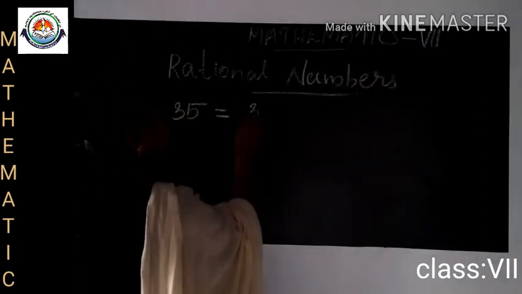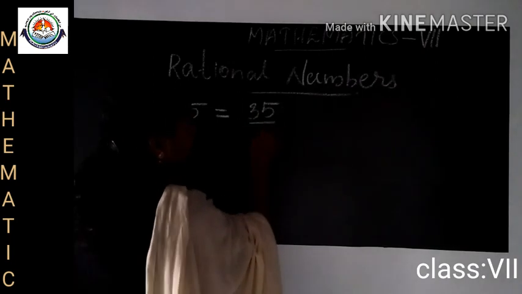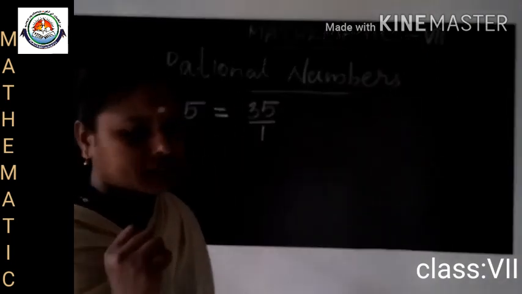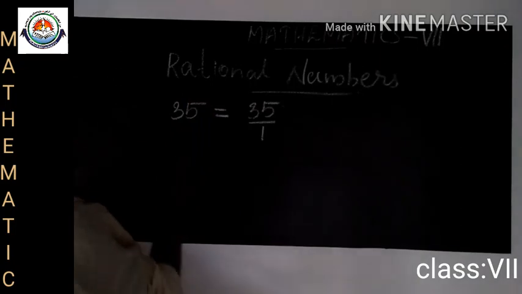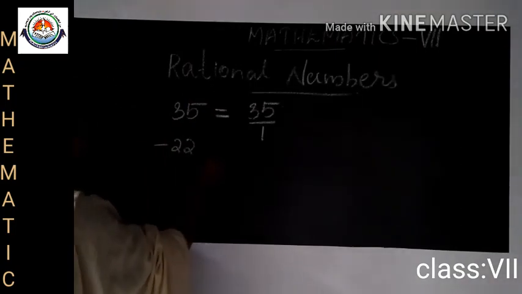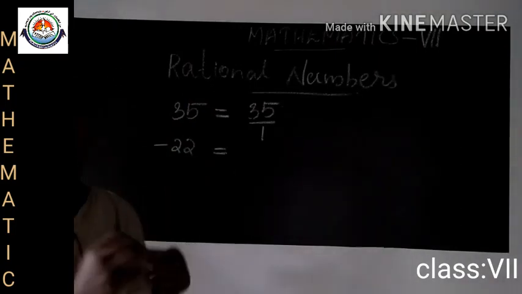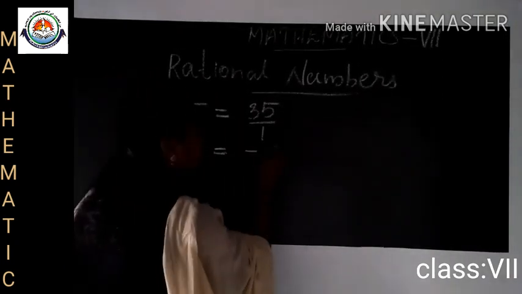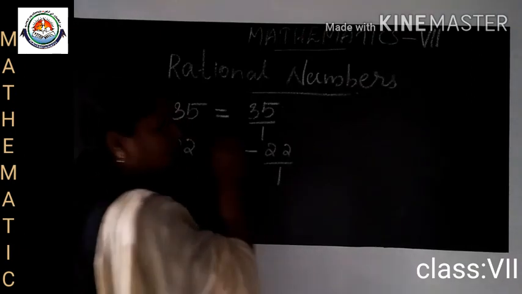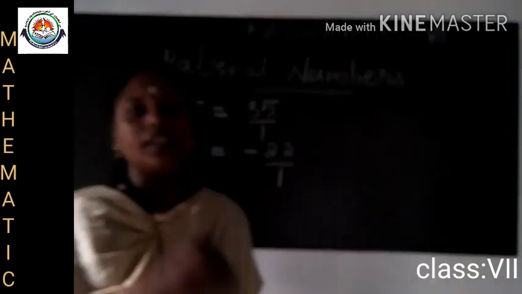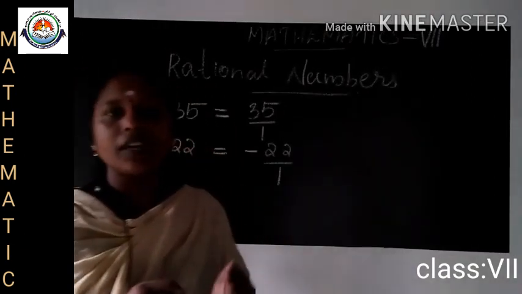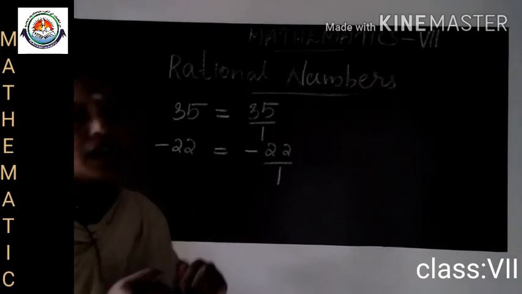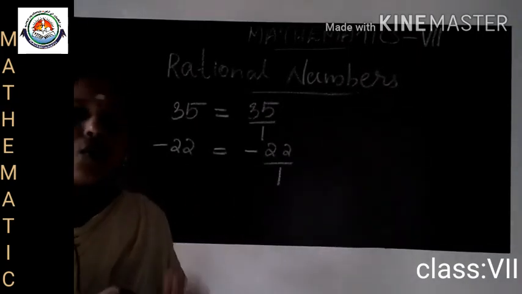That is 35 divided by 1. And next question, negative 22. How can we express this negative 22 as a rational number? Negative 22 by 1. So every integer we can express as a rational number with denominator 1.